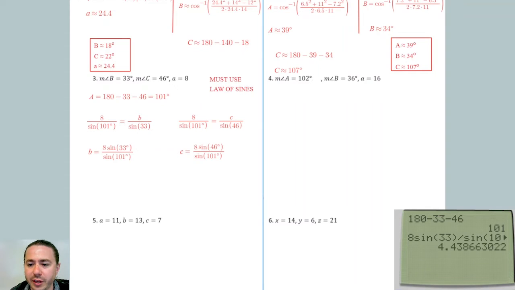Okay, so for this first one, I get about 4.43. I'm going to go ahead and type in the next one: 8 times the sine of 46 divided by the sine of 101.